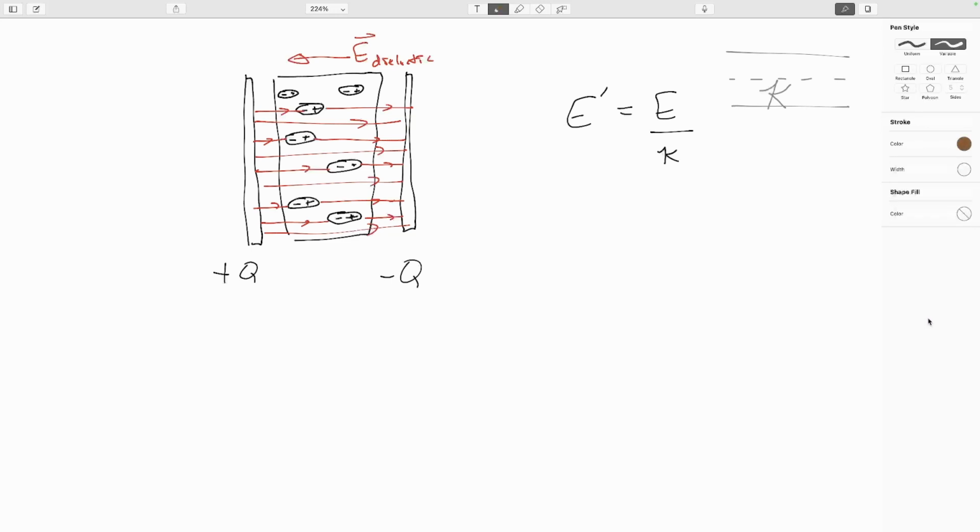But anyway, this is a number that gets called the dielectric constant of the material. And it doesn't have any units. It's just a number. Typically, and it's going to be a number bigger than 1.